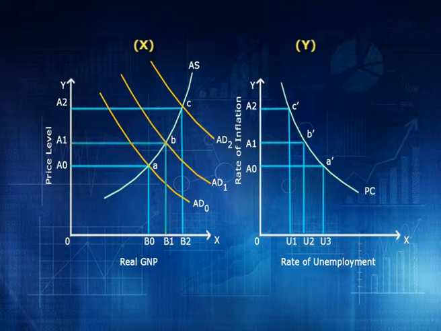When the price level rises from A1 to A2 in figure X following the increase in AD to AD2, we have a further lower rate of unemployment equal to U1 in figure Y, corresponding to C dash on the Phillips curve PC. This gives us a downward sloping curve.